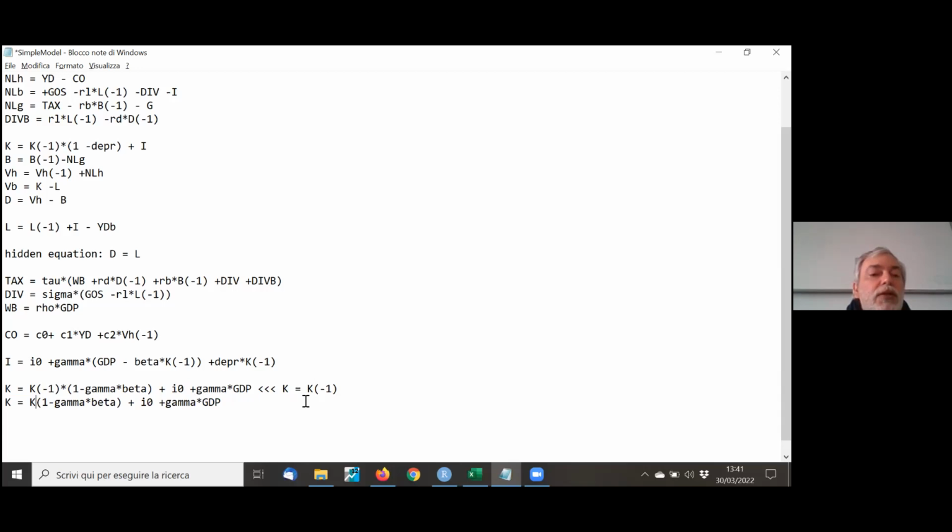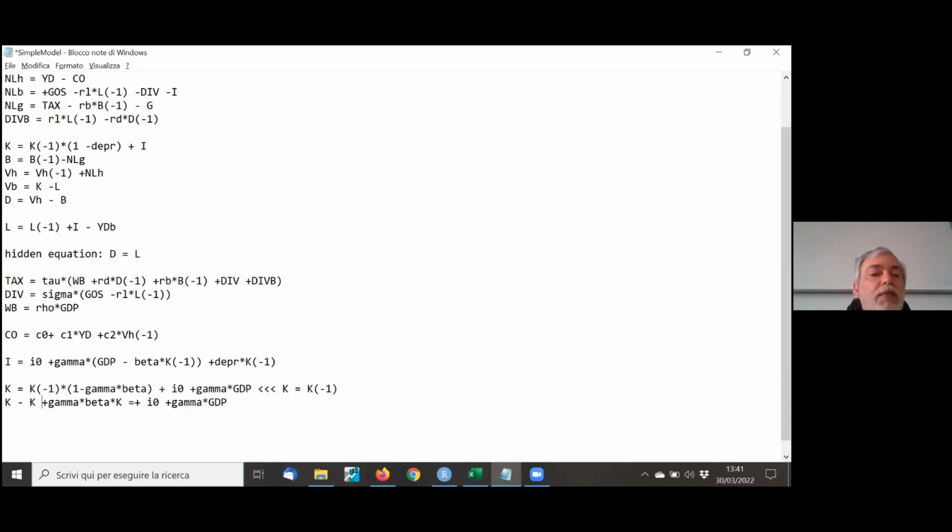So when we bring this to the other side of the equation, we will have k, which multiplies 1 and multiplies gamma beta. So this will be k, and then this becomes plus gamma beta k.